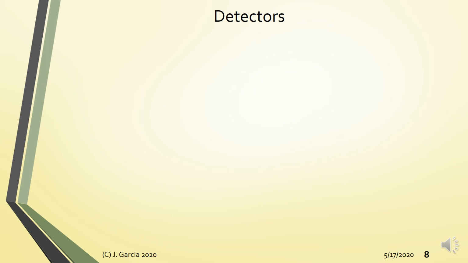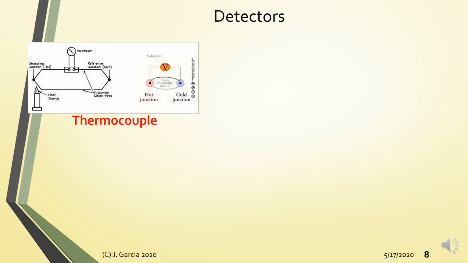Next, you have your thermal detectors. First, you have your thermocouple. A thermocouple is basically made from two dissimilar metals. So there are two metals, metal 1 and metal 2, which are dissimilar. When exposed to heat, they have the tendency to produce voltage.